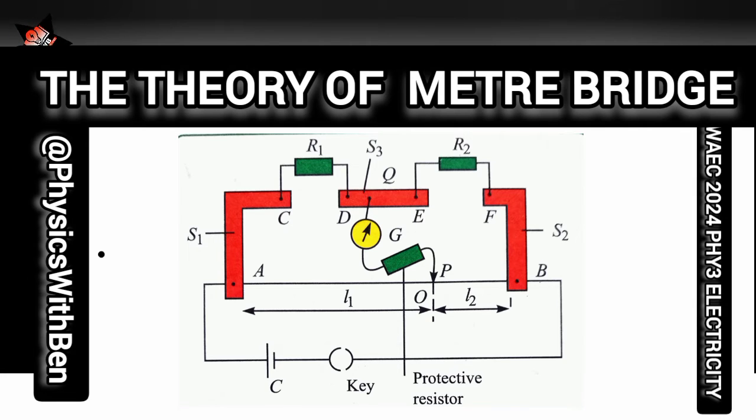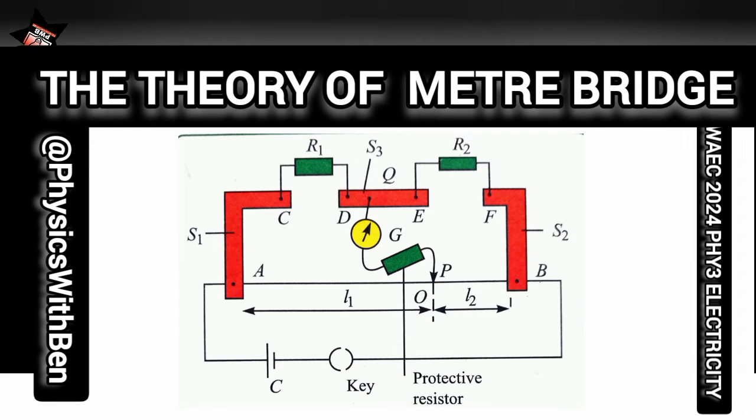Now, learning is always from known to unknown. So because you have mastered the theory on the Wheatstone Bridge, I'm not going to take us too far with the Metre Bridge. But the Metre Bridge also works with the same principle as the Wheatstone Bridge, so that the galvanometer also reaches a balance point where it has no deflection, where it points straight at zero.